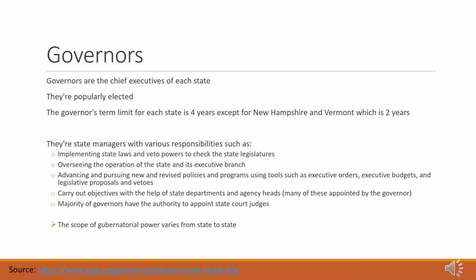They're state managers with various responsibilities, such as implementing state laws and using veto powers to check the state legislatures, overseeing the operation of the state and its executive branch, advancing and pursuing new and revised policies and programs using tools such as executive orders, executive budgets, and legislative proposals and vetoes, and carrying out objectives with the help of state departments and agency heads, many of these appointed by the governor. The majority of governors have the authority to appoint state court judges.